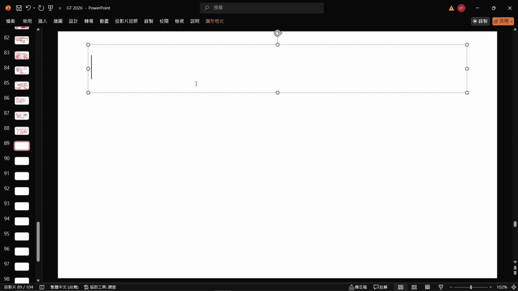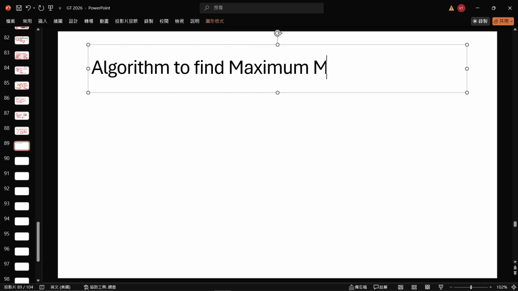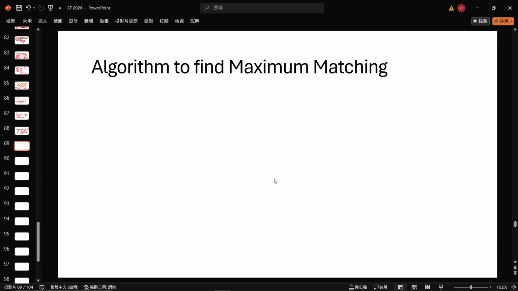All right, so today I'm going to start with a general structure, the high-level idea to find maximum matching.